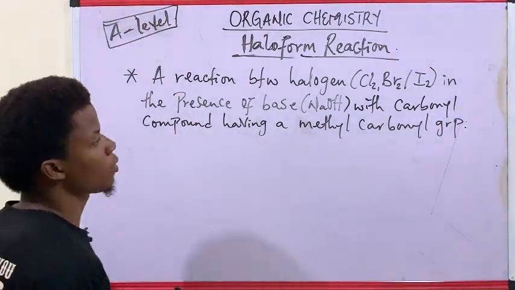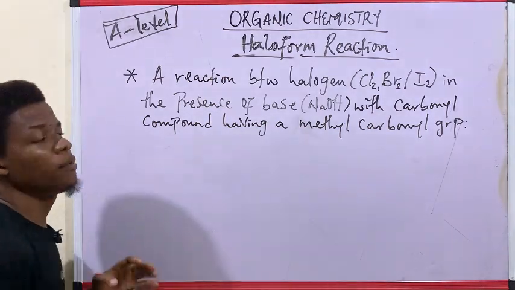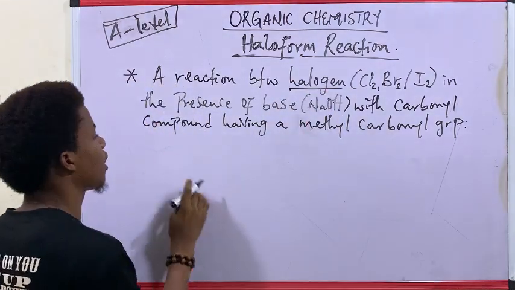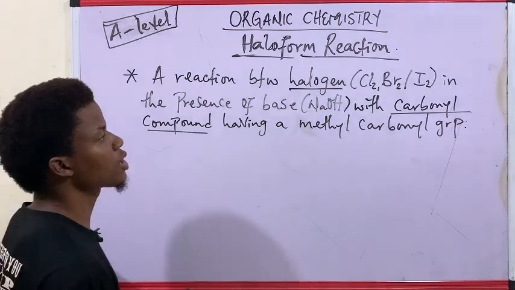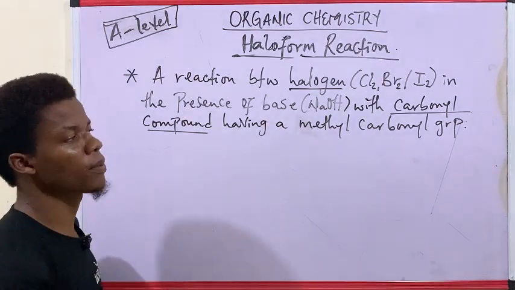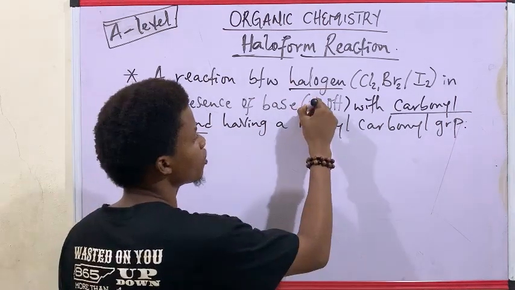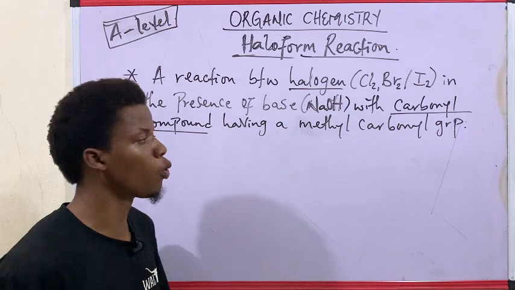All right, now this haloform reaction, let me explain. Basically, the haloform reaction is a reaction between a halogen and a carbonyl compound, but this reaction occurs in the presence of a base known as sodium hydroxide, NaOH.